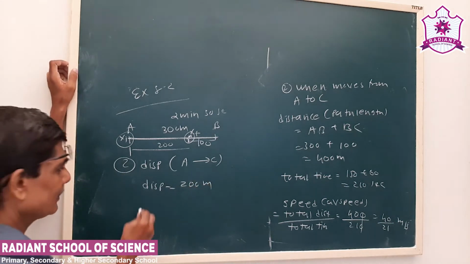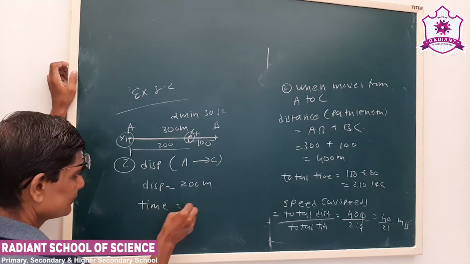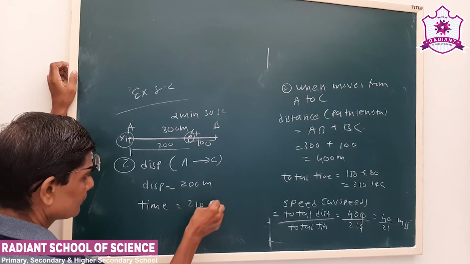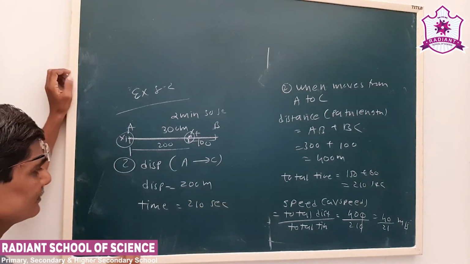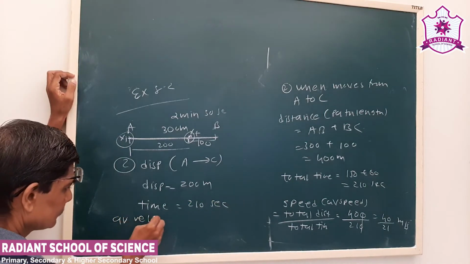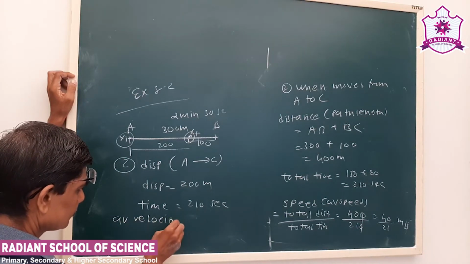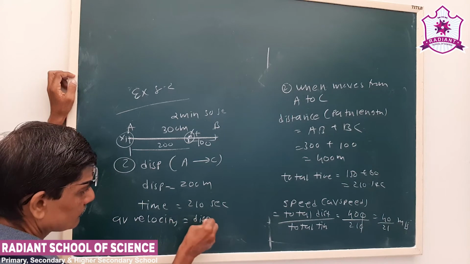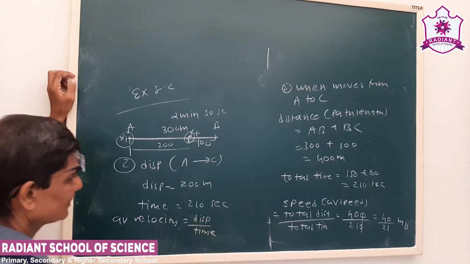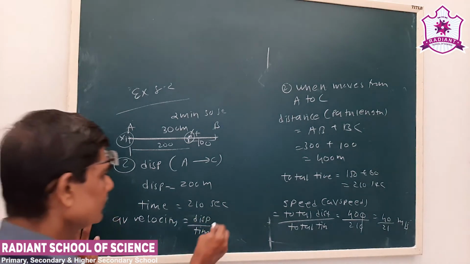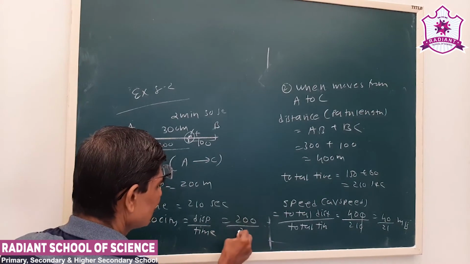And what is the time taken? So the average velocity: what is the displacement here? 200. Time is this.